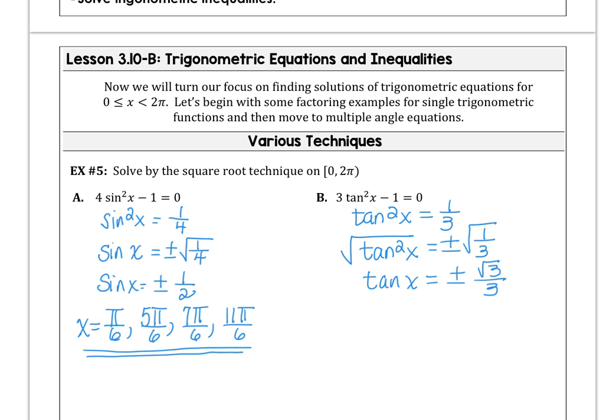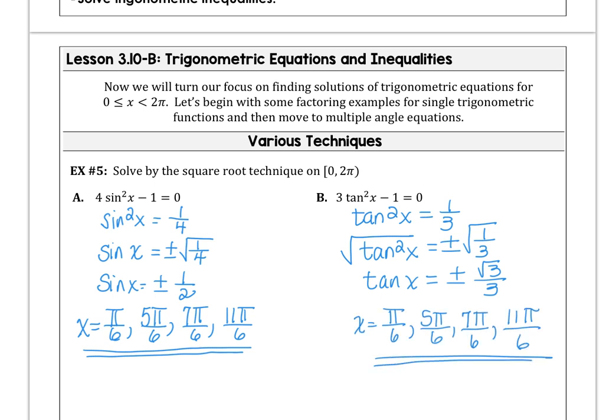Again, that happens at the same angles as our A value, where x is pi over 6, 5 pi over 6, 7 pi over 6, and 11 pi over 6.